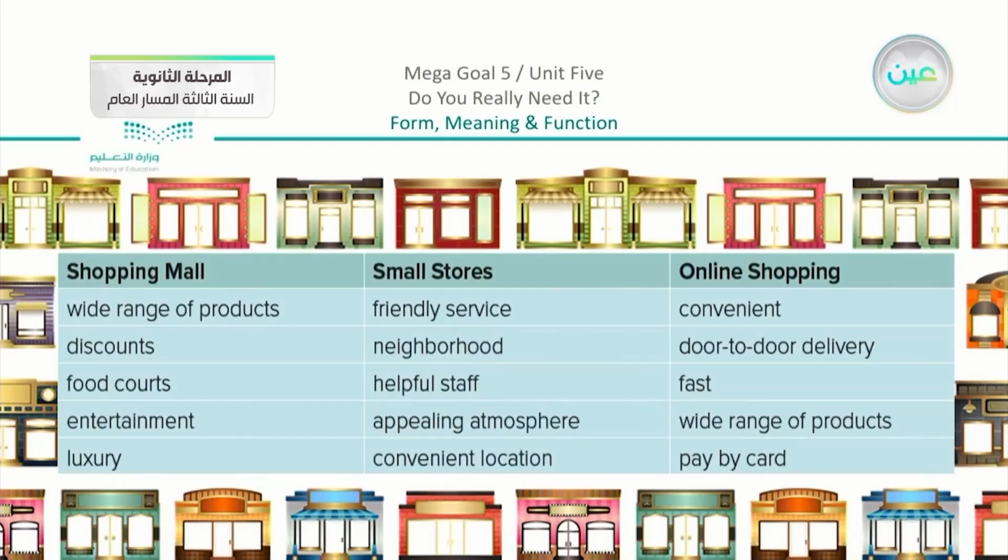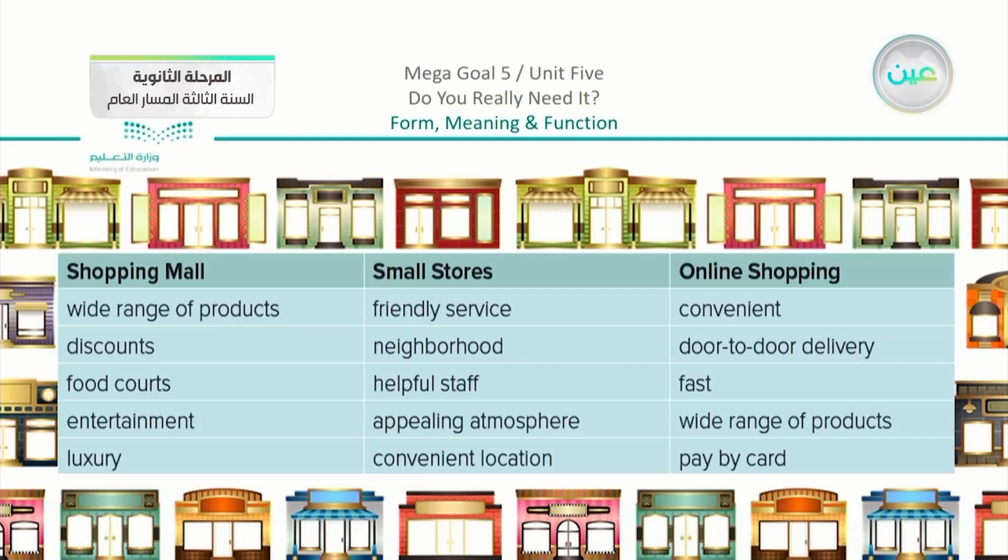We can see that we have here shopping mall. Now, dealing with shopping malls or connected to them, we can see that there is a wide range of products, discounts, food courts, entertainment and luxury. Words connected with small stores are friendly service, neighborhood, helpful staff, appealing atmosphere, and convenient location.